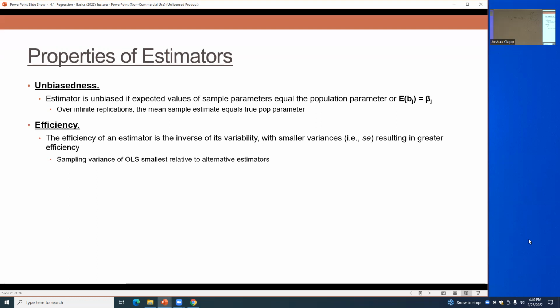Efficiency, this is something we haven't talked about. Efficiency of an estimator is the inverse of its variability, okay? If I have two ways of calculating the mean, and one estimator over all possible replications had a distribution like that, where the mean of all of these is going to be equal to the sample mean.